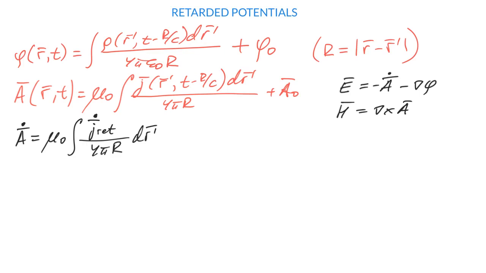Now the spatial derivatives of the potential phi or A look more complicated because R enters not only through R in the denominator, but also through R in the temporal argument of the charge density or the current density. So for example, when we calculate the gradient of phi, we're going to have two terms.